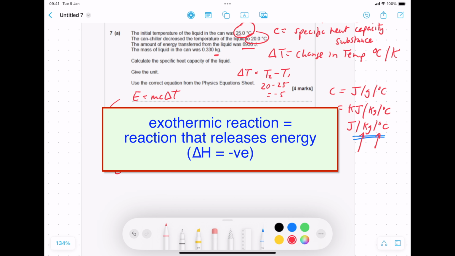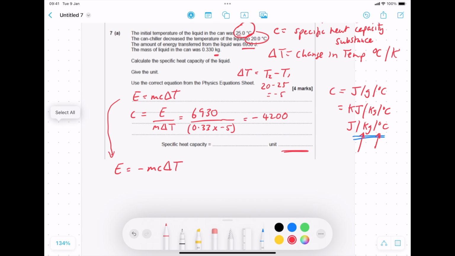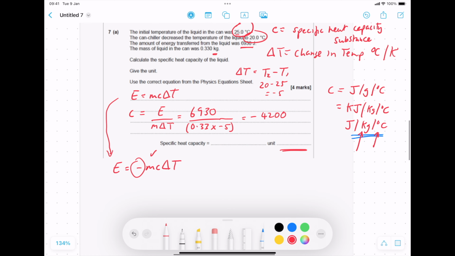However, the energy change for that reaction must be negative because energy is given out to the surroundings. And so that's what the minus sign takes care of, because you'll have a positive number times a positive heat capacity times a change in temperature, which, say it started at 20 and it went to 50, that would be positive 30. So it ensures that for exothermic reactions, the energy change, also known as the enthalpy change, is always negative.